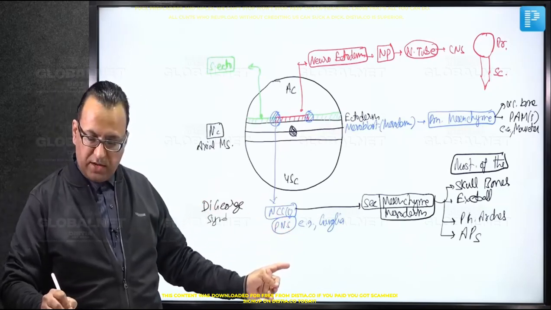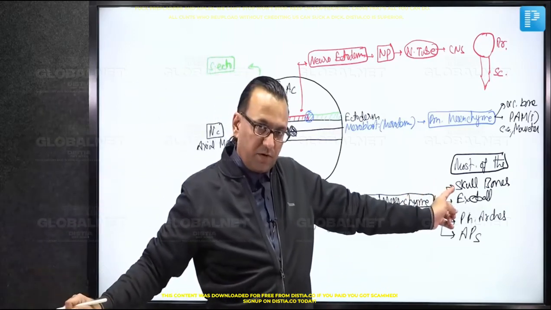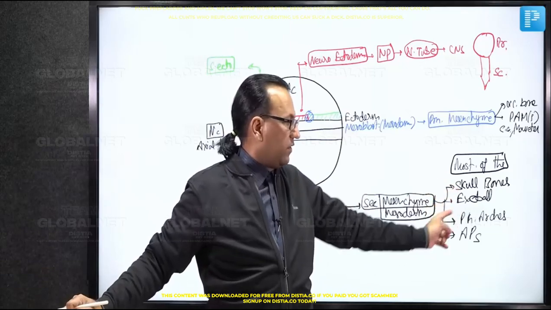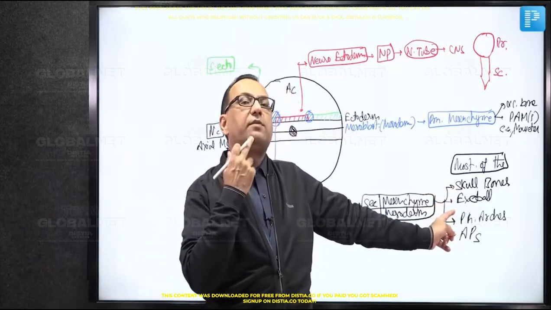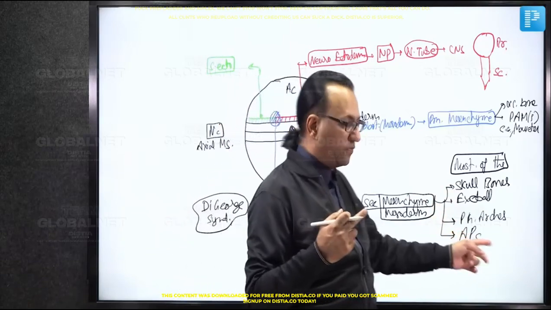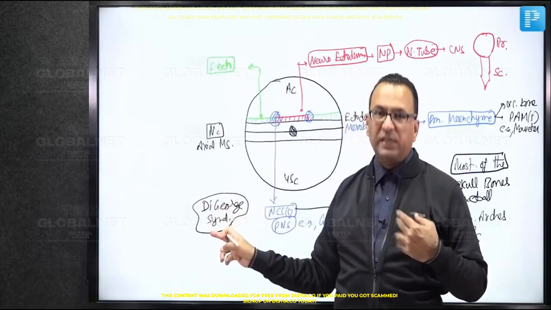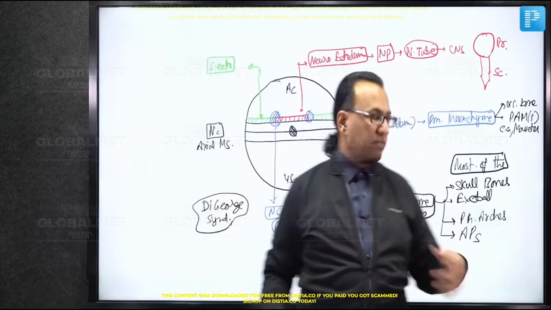We find that the baby has a problem of the skull bones. There will be skull bone defects, eyeball defects, pharyngeal arch defects, a small mandible, and septum anomalies like transposition of great vessels. In fact, the most common cause of death in DiGeorge syndrome is aorticopulmonary septum anomalies.